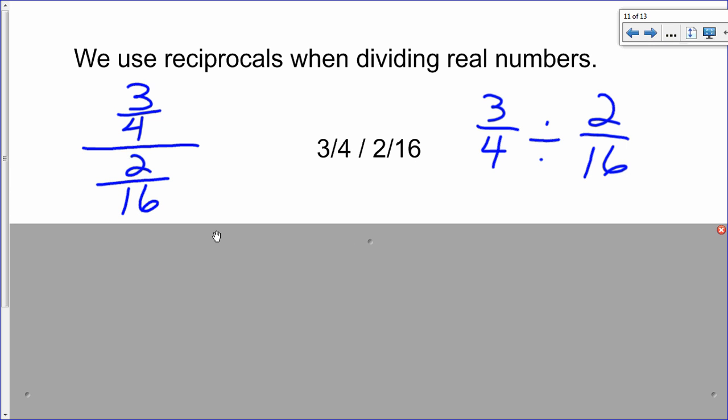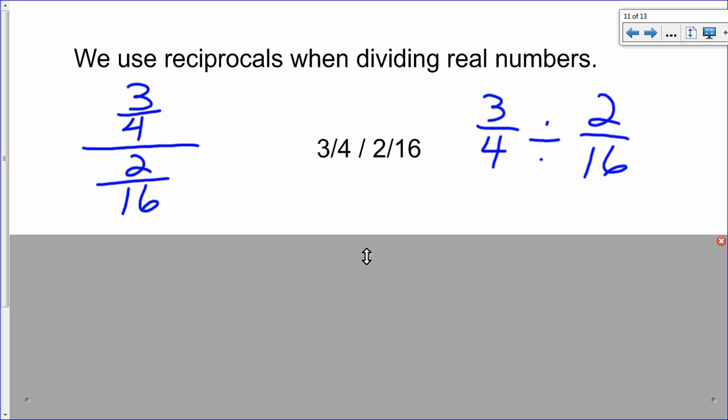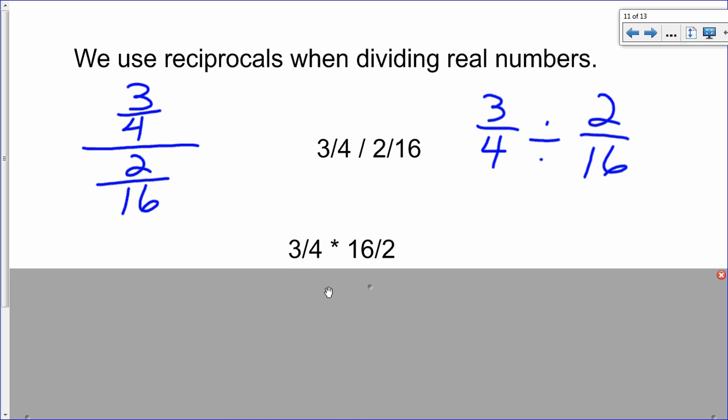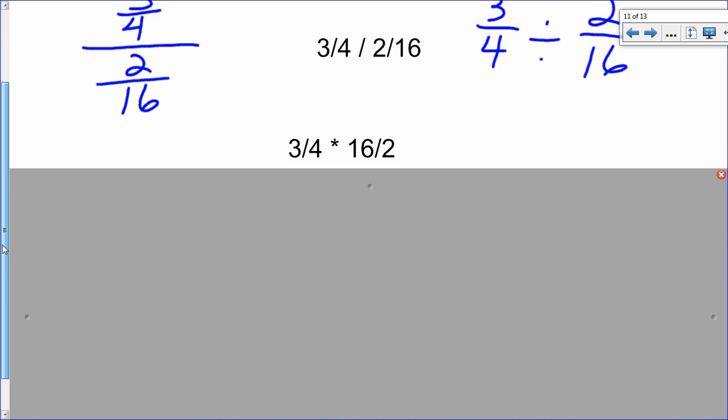Okay, and here's how we can show dividing real numbers or fractions. 3/4 in the numerator divided by 2/16 in the denominator. It can be written this way as well. And we can also write it out as 3/4 divided by 2/16. Remember, when you divide fractions, you multiply by the reciprocal.